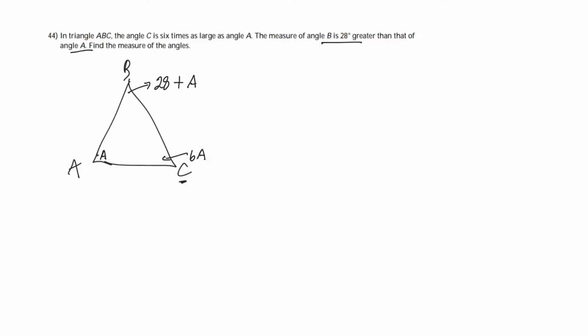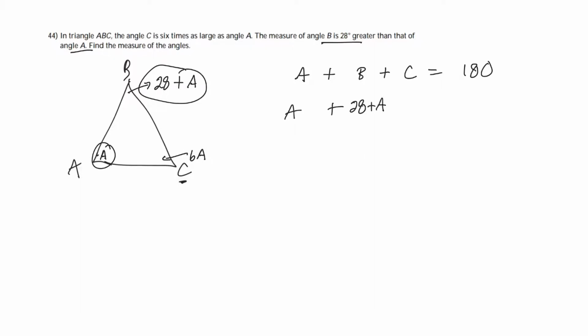But one thing I know about all triangles is that all three angles have to add up to 180. So the A angle plus B plus C have to give you 180. A is just A. B is 28 plus A. Plus C is 6A. Okay, so there's B, there's C. So they have to add up to 180.